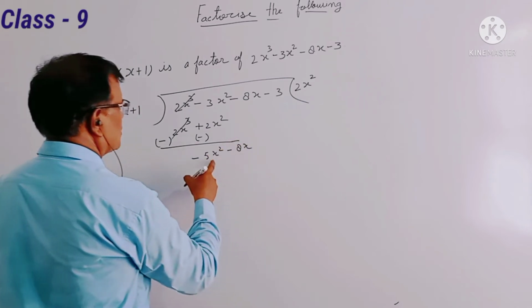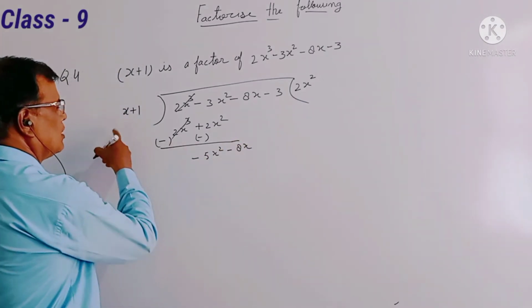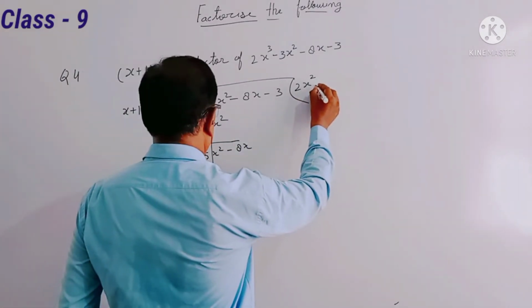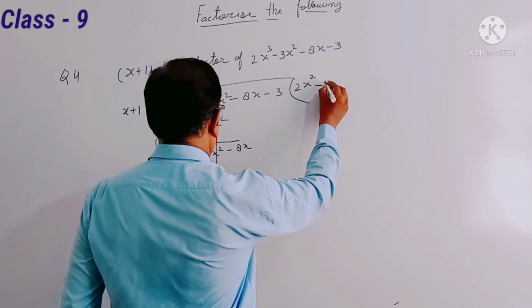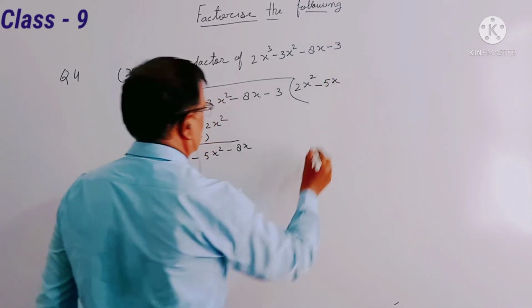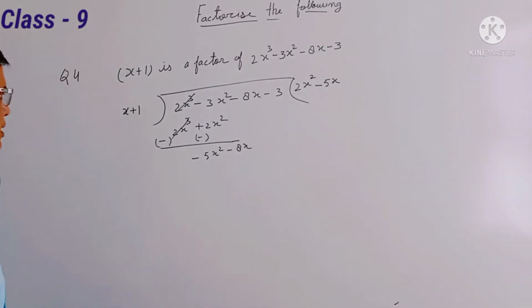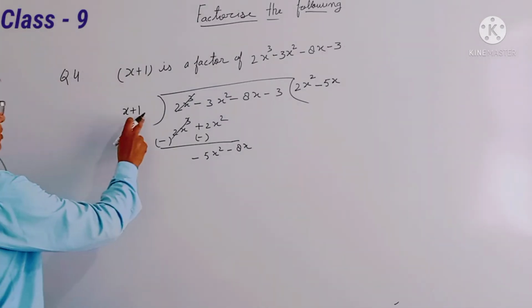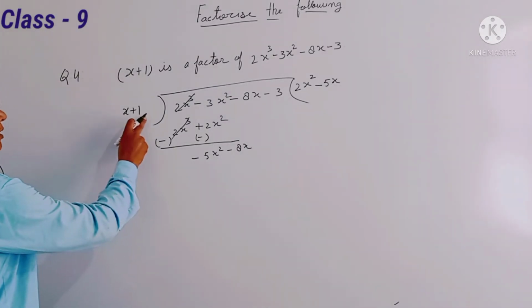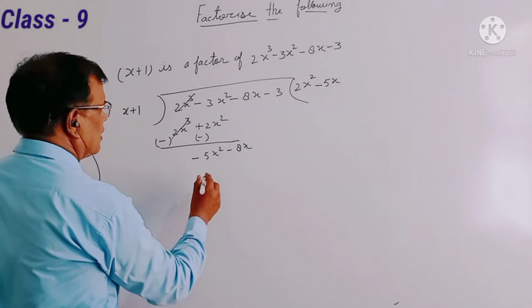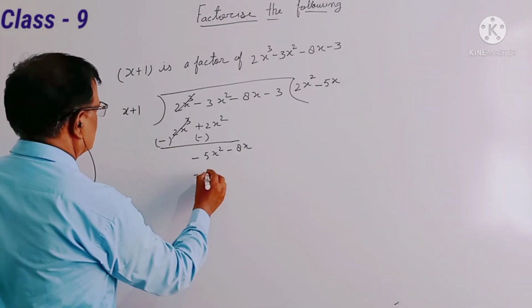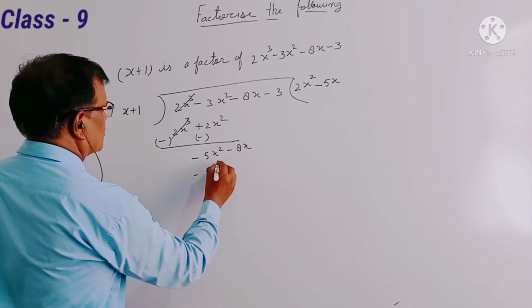Now we compare first term to first term, it is greater by minus 5, then x. Now we multiply by minus 5x to these two terms, x plus 1, and write here minus 5x square.